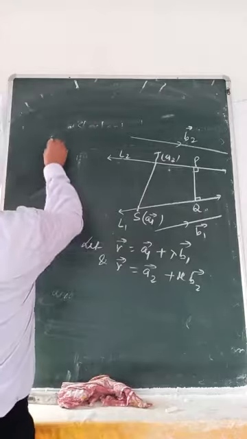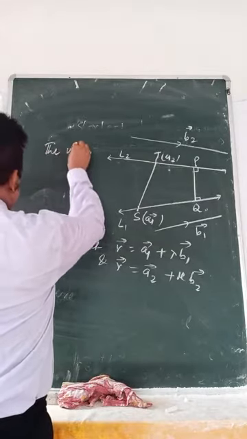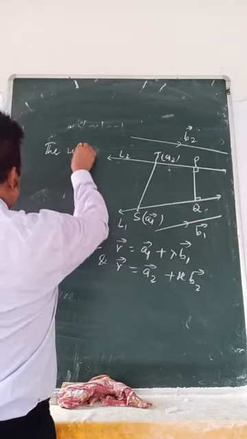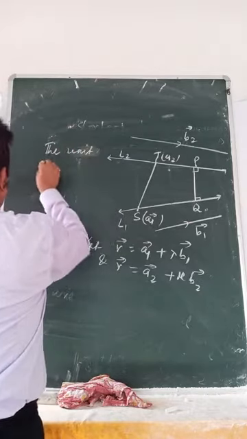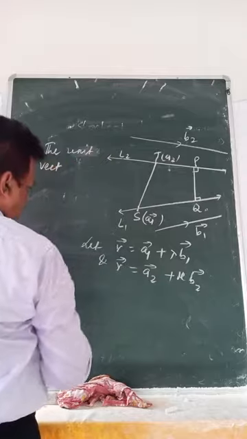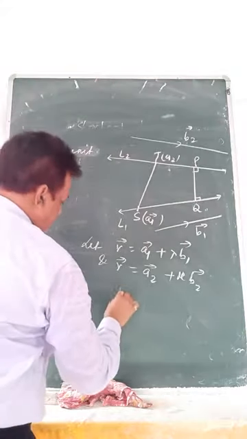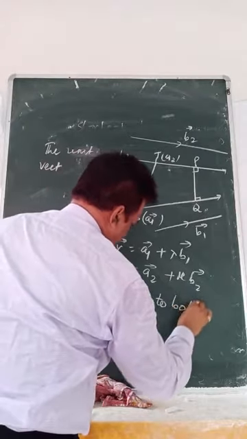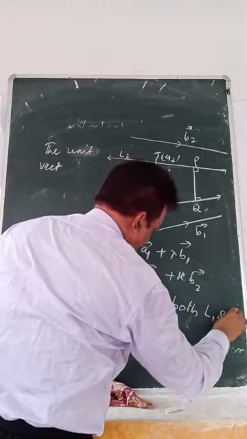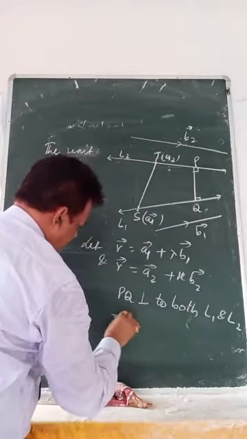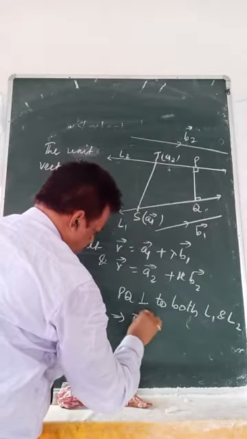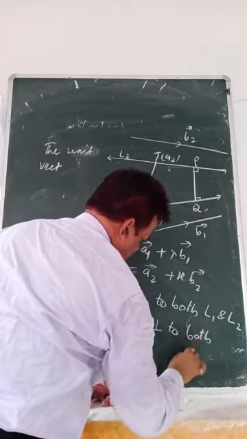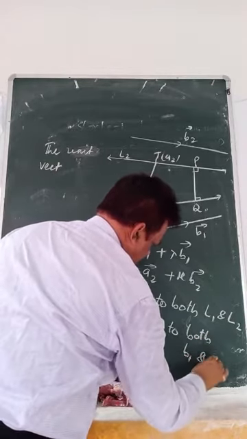So let's write down two more things here. Here PQ is perpendicular to both L1 and L2, which implies PQ is perpendicular to both B1 and B2.